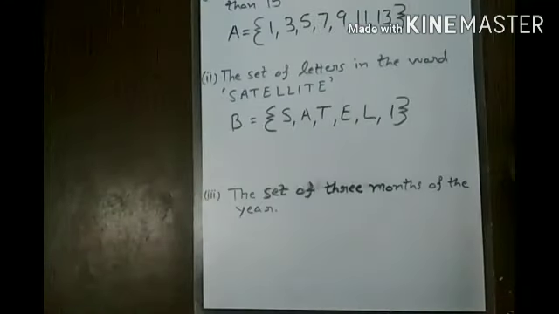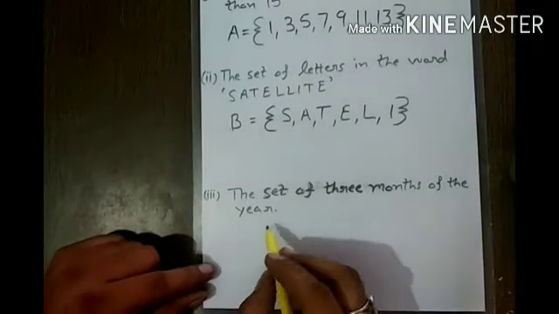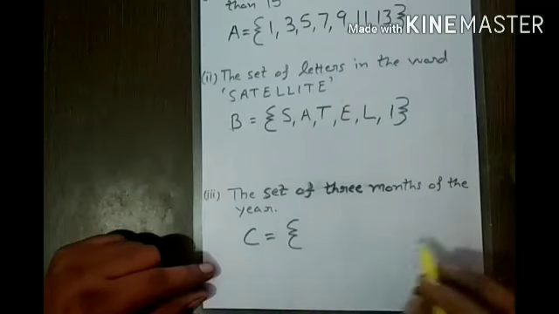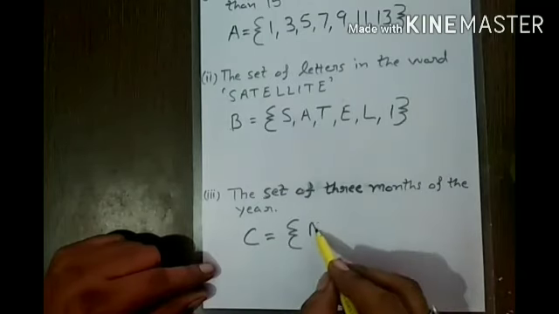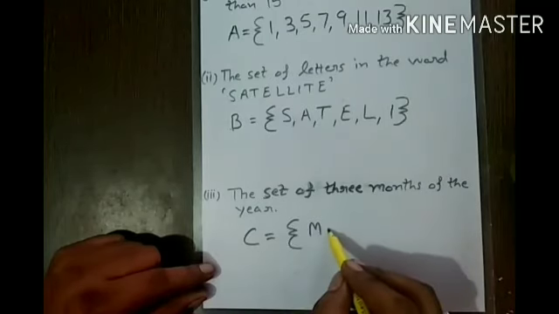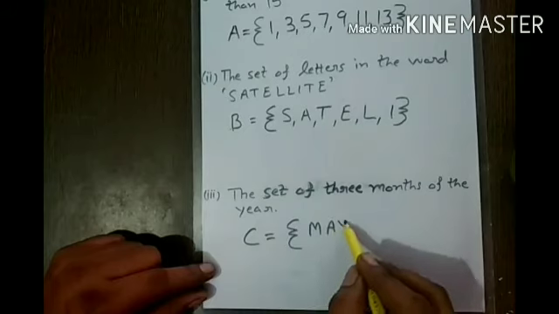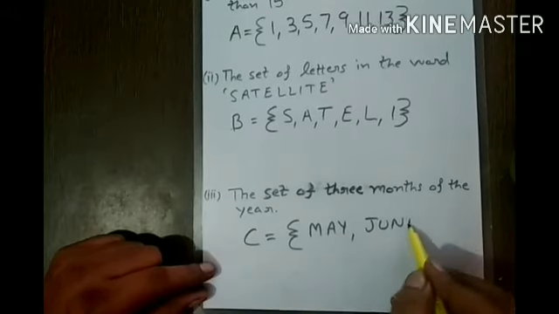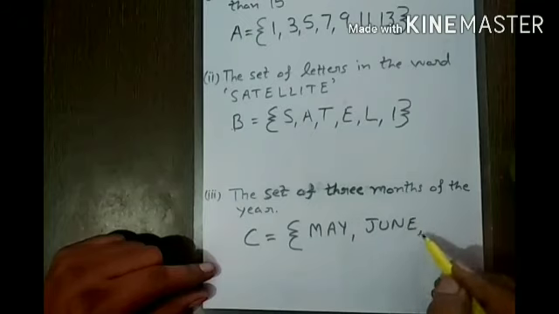Now the next question is the set of 3 months of the year. Here you can write any 3 months' names in the set. It depends upon you. I will write set C equal to May, June and July.